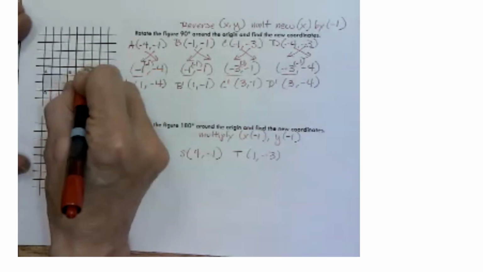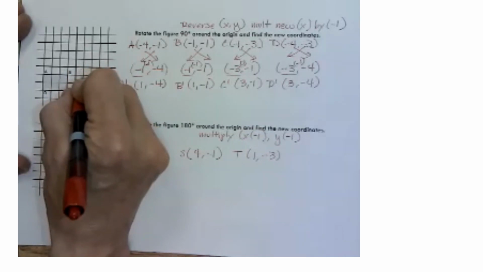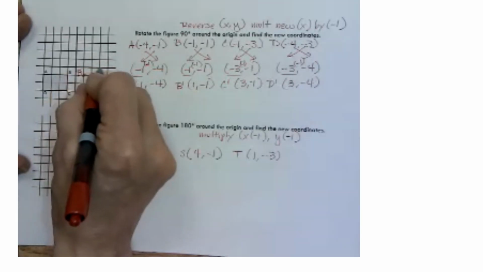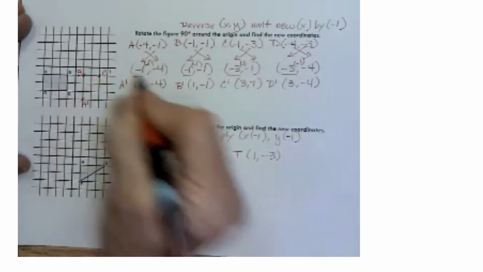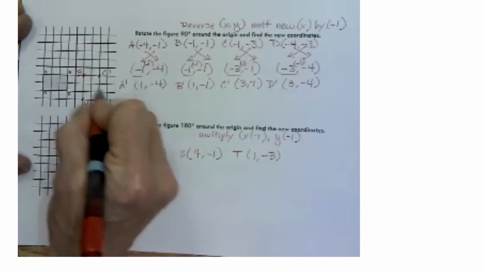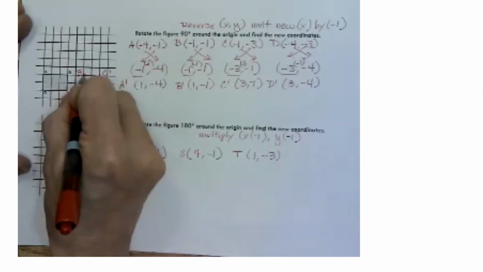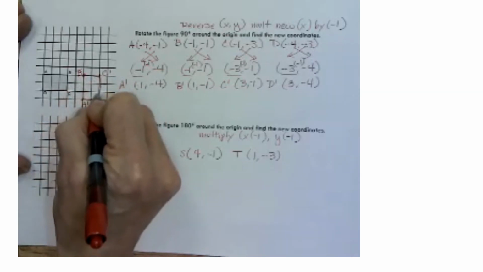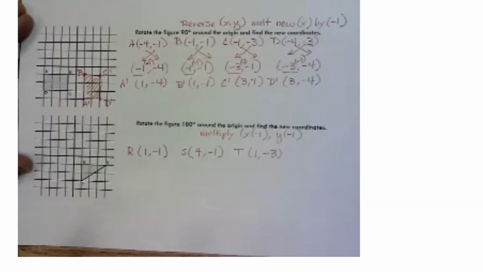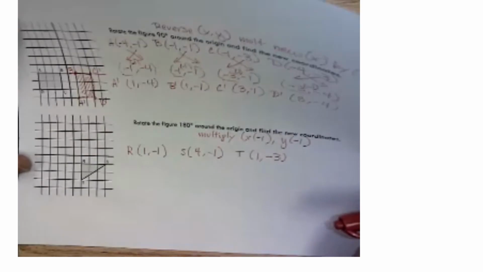B1 is 1, -1. C1 is now at 1, 2, 3, -1. And D is at +3, -4. And let's outline and shade. And there we have rotated that figure 90 degrees around the origin.